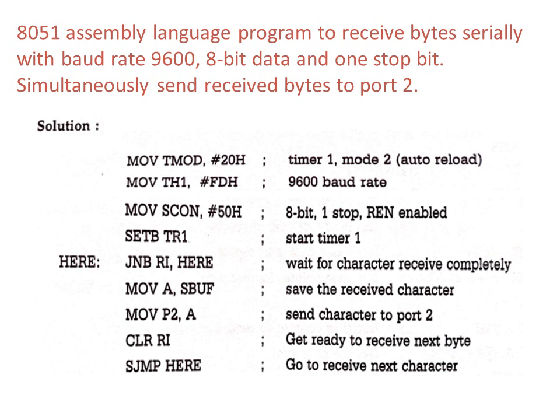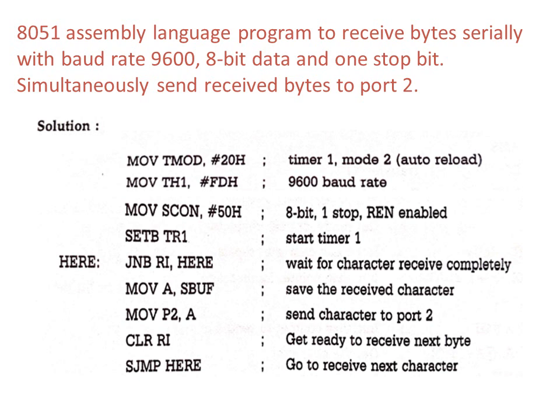Then our requirement is to simultaneously send the received byte to port 2. This is what we need to do, right? For that the next instruction is used, MOV P2, A. Now A contains the content of the serial buffer and that is moved to port 2.